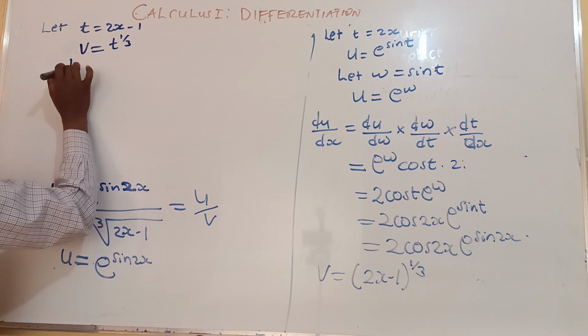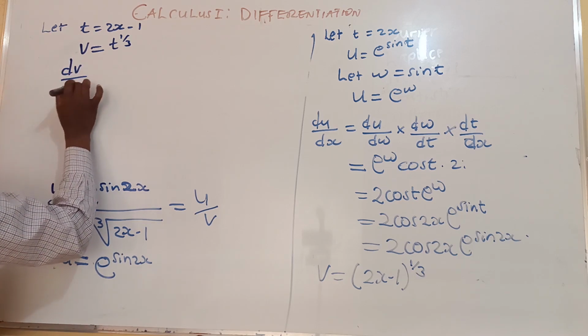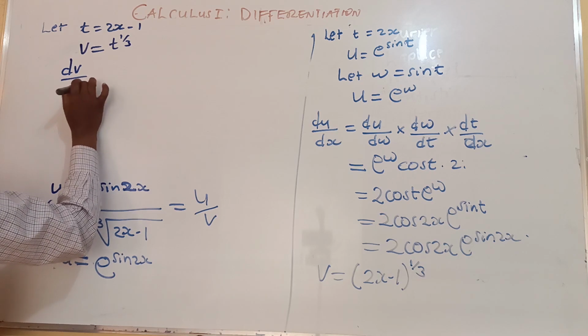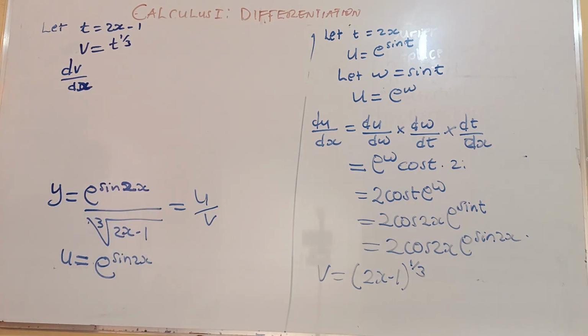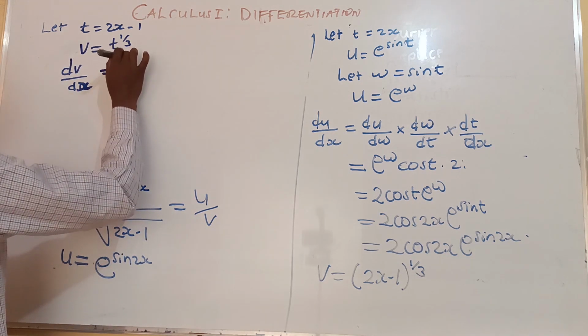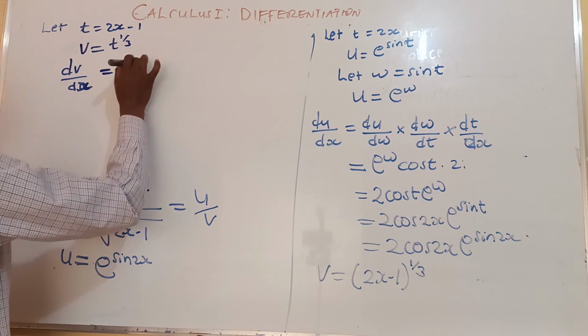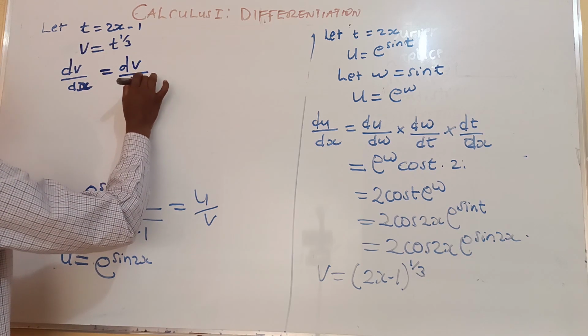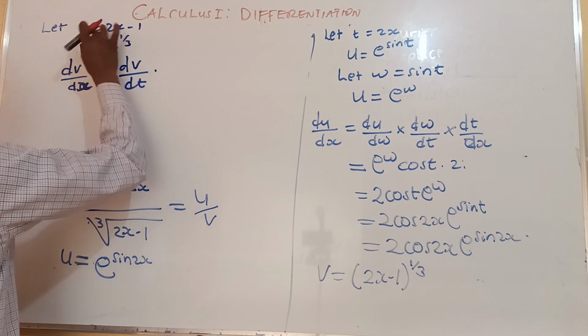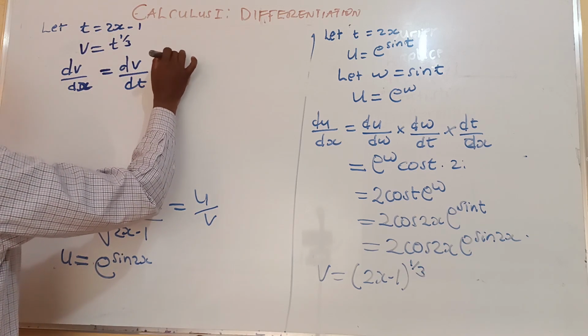Then dv/dx is equal to, we differentiate v with respect to t, and here you differentiate t with respect to x.